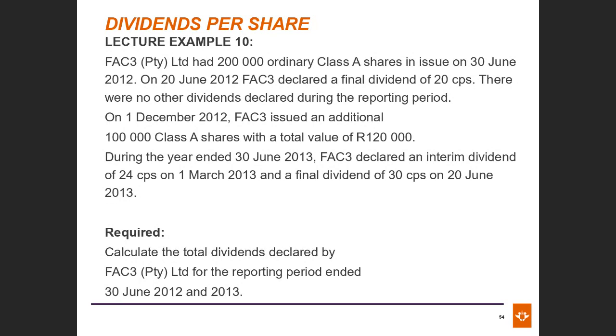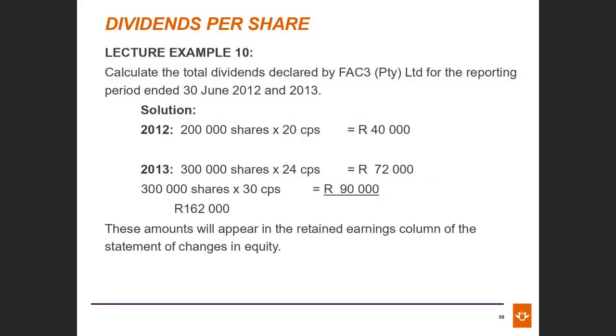So that is the end of dividends per share. As you can see, it is not as complicated as earnings per share. And one of the main reasons is that there's no time weighting for your shares when you calculate your number of shares. So the next slide, we've gone through the solution.